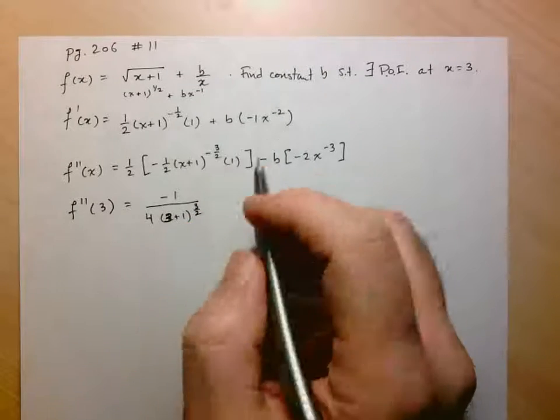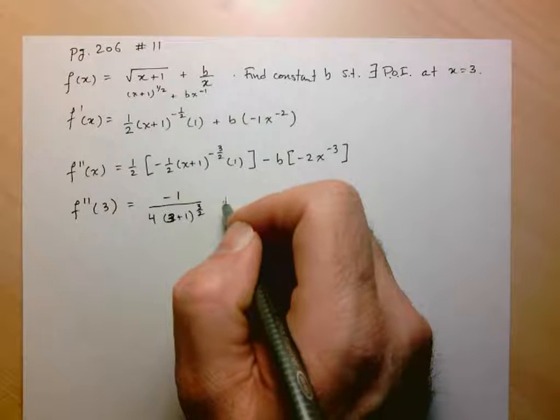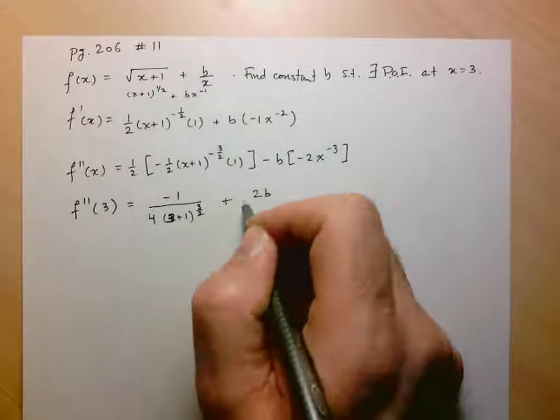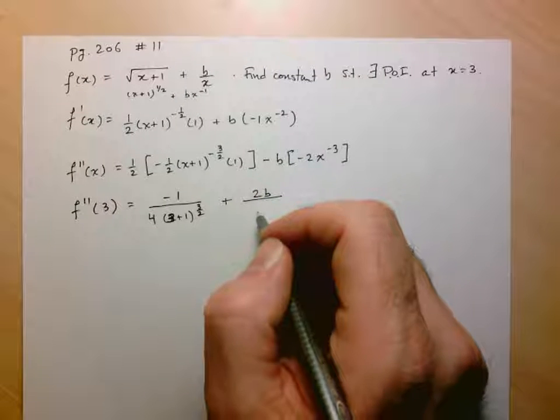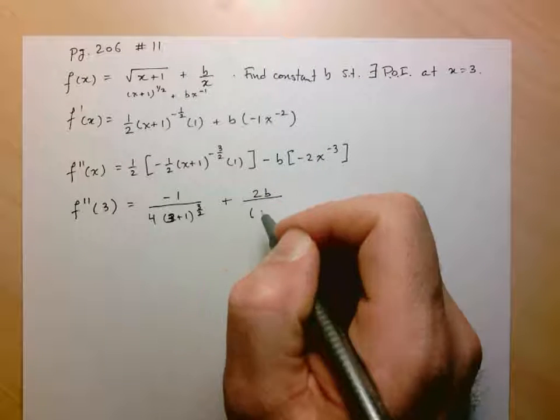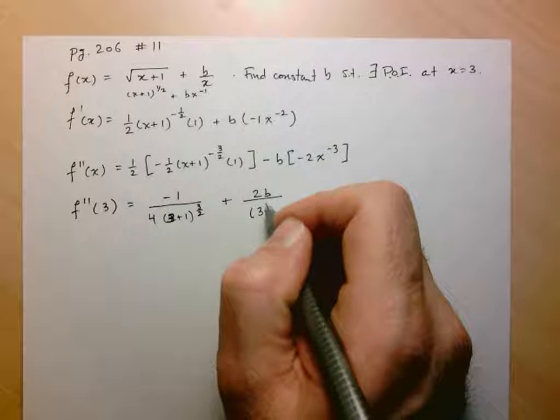And so here I've got -b times -2, so I'm left with plus 2b in the numerator, and this expression is going to go into the denominator, so it's going to be x cubed, but I know that x needs to be equal to 3, so 3 cubed.